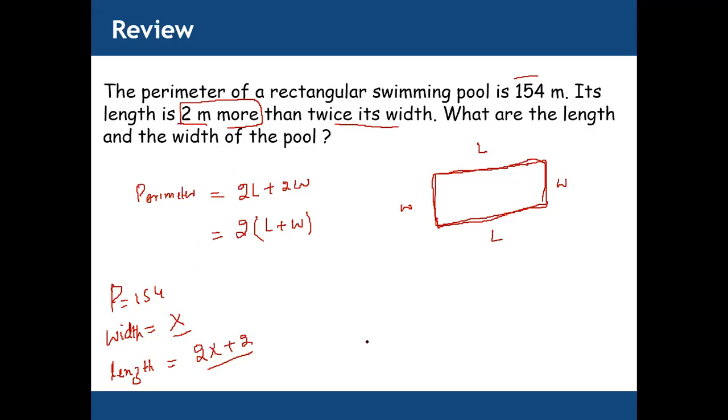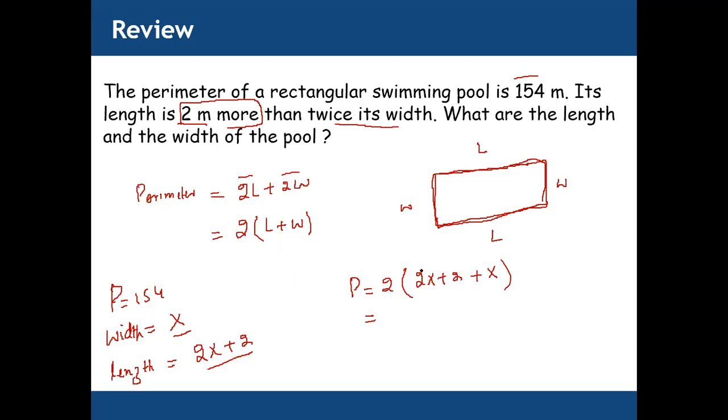Now according to this formula, perimeter equals 2 multiplied by length and width. Length is equal to 2x plus 2, plus width is equal to x. You can also put it in the first formula; put the value of length and put the value of width, and this will give you the same result.